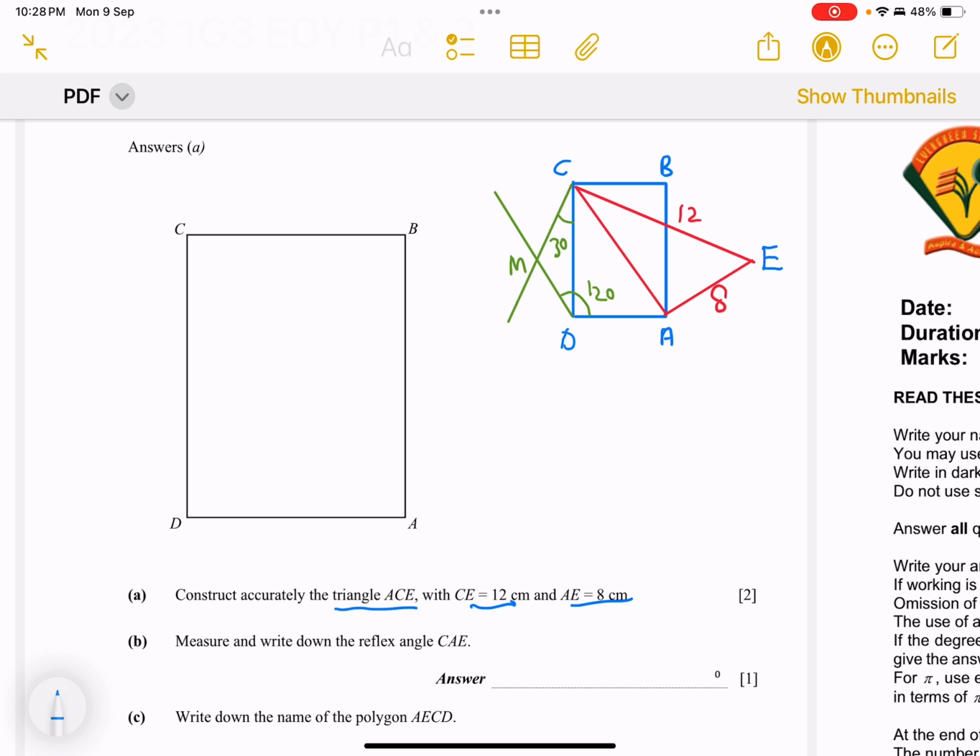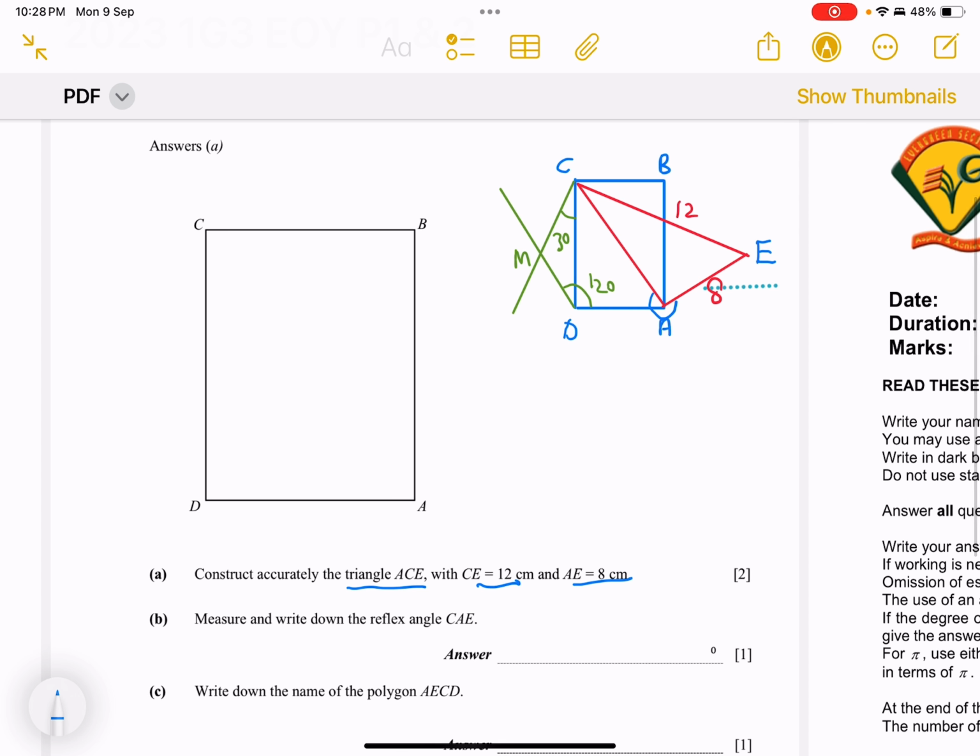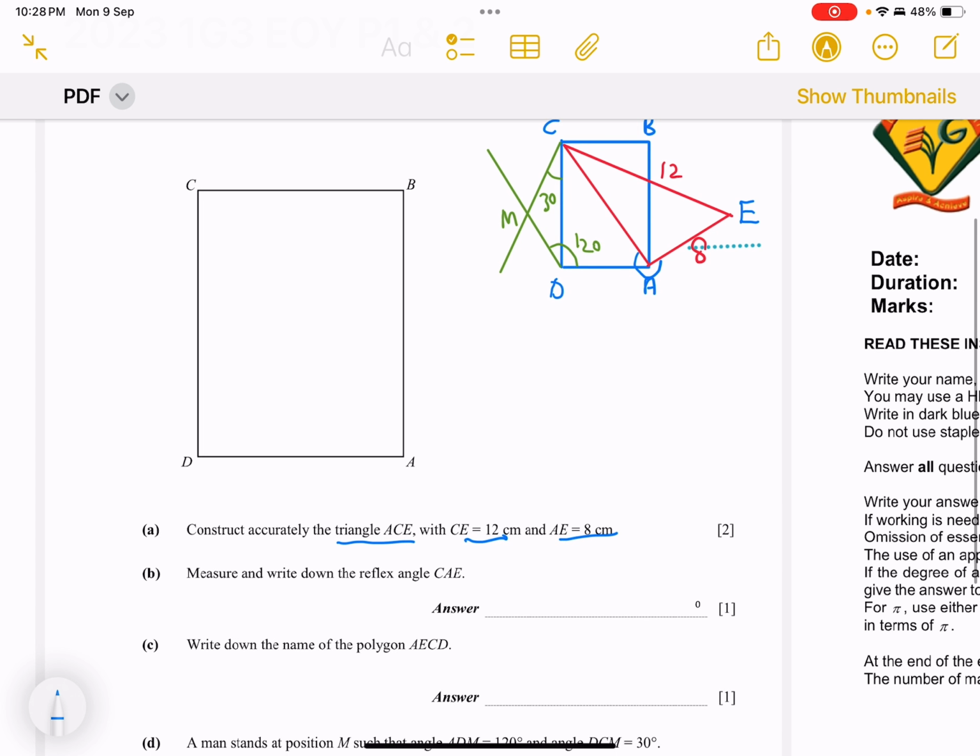Then we have to measure and write down the reflex angle CAE. That means this is the angle that we want to measure after we construct. Then what is the name of the polygon AECD? AECD is just simply a quadrilateral, right? 4-sided figure.